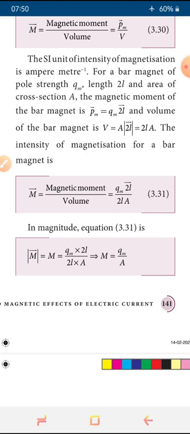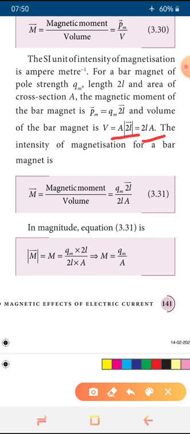Pole strength into length, what we discussed just before. Then volume is the cross-sectional area of the bar magnet into the length of the magnet, so A into 2L vector, as given in this equation. Vector and mod will be cancelled, then it becomes 2L into A.